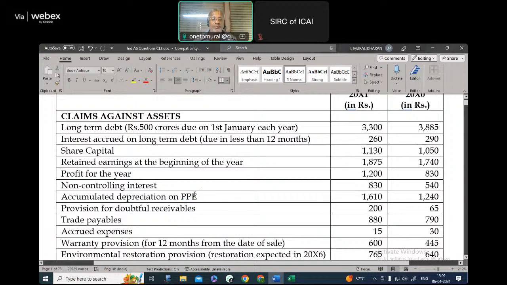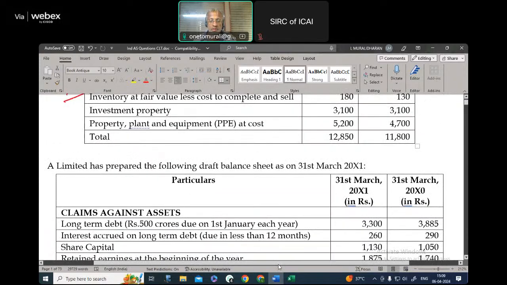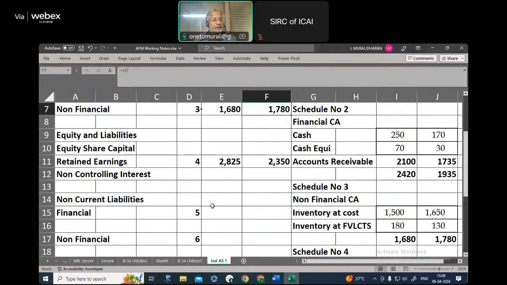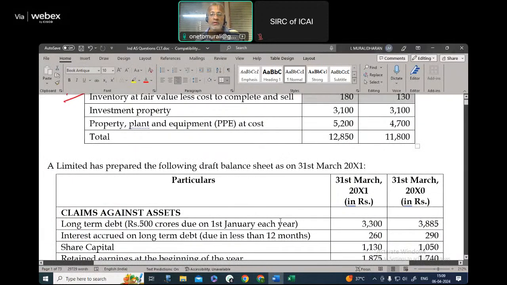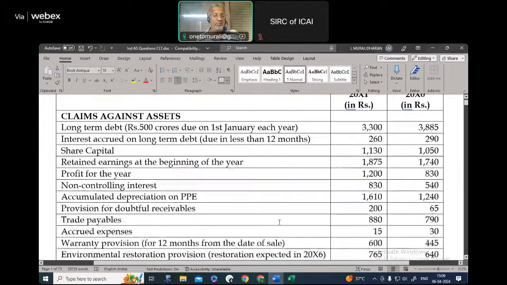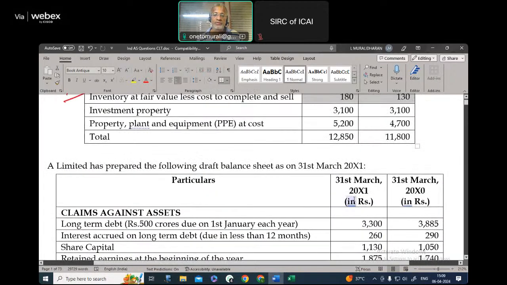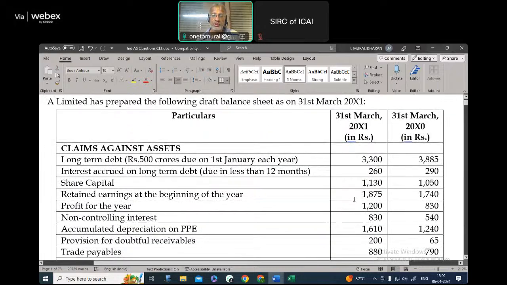And now let us take up that, where it is non-current asset, PPE, we can take it up as 5,200 minus 1,620.